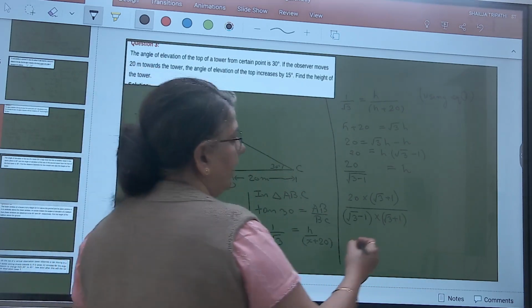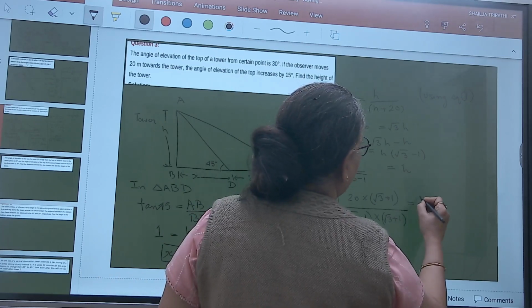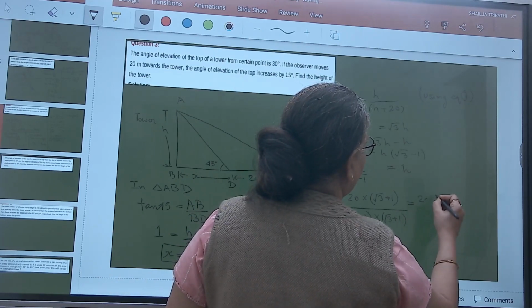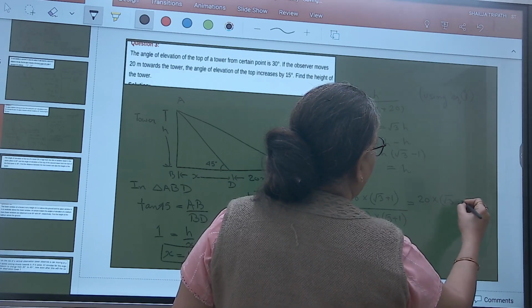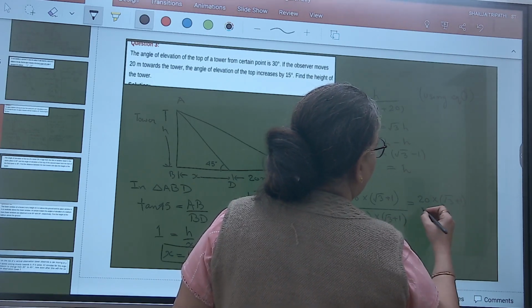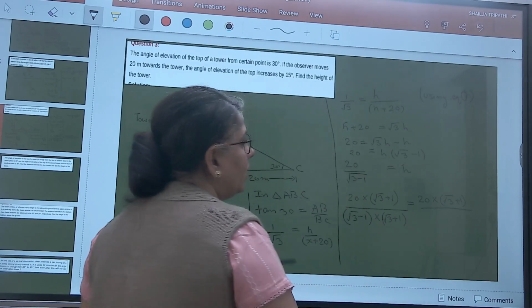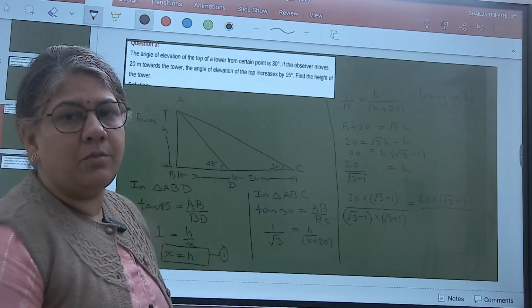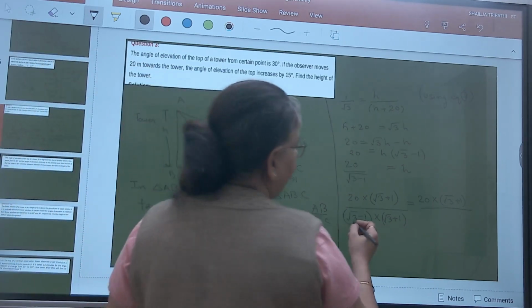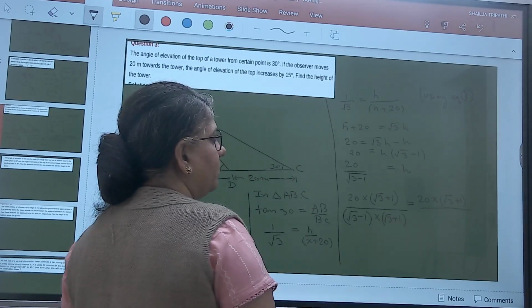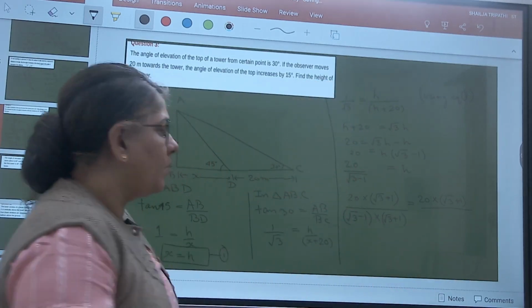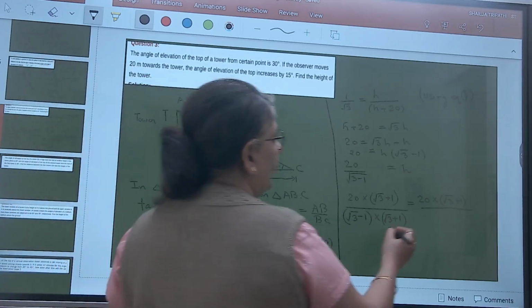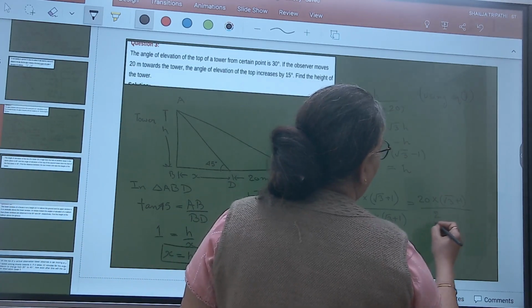On solving, we'll get 20 into root 3 plus 1, divided by, using the identity a plus b and a minus b, a square minus b square, so here 3 minus 1, that is 2.